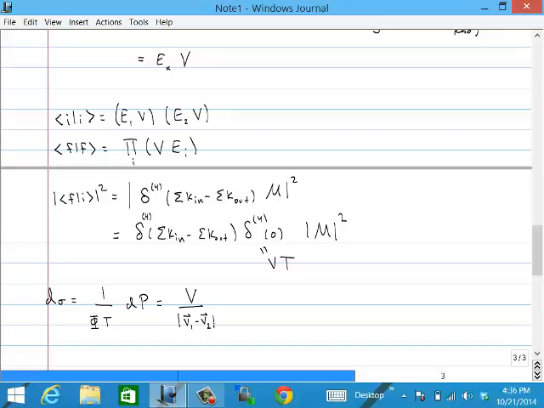Then we have a 1 over time. And then what was dp? dp was the overlap of f with i quantity squared, which is Vt times M squared times the momentum-conserving delta function.